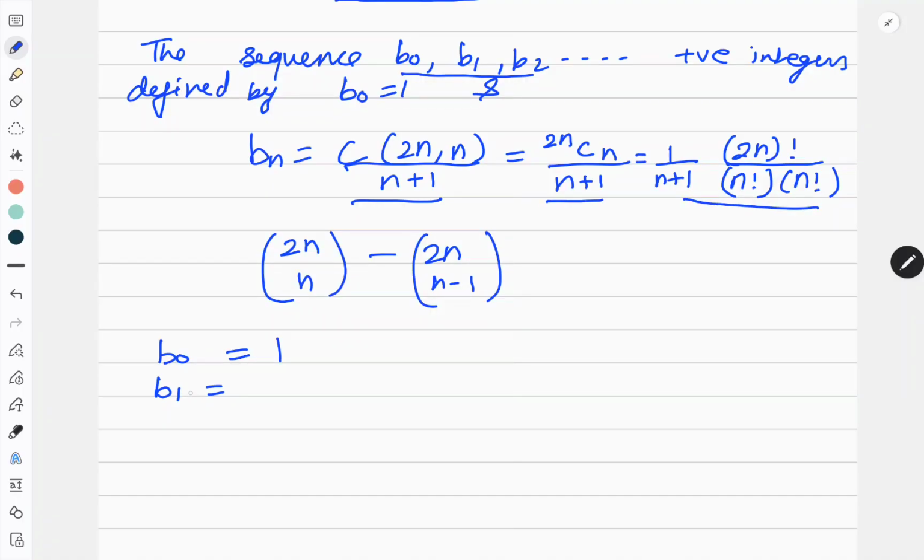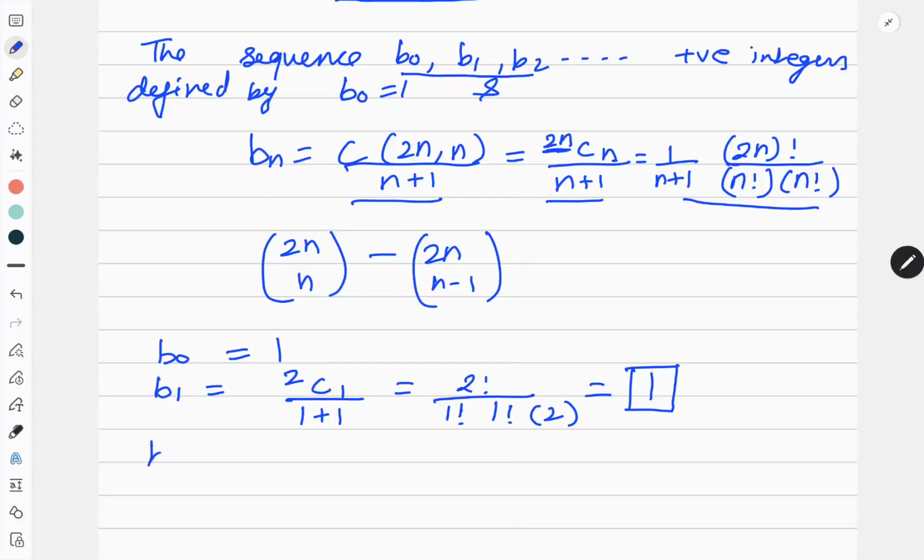Putting n equal to 1, B1 is equal to 2C1 upon 1 plus 1, so 2 factorial upon 1 factorial into 1 factorial into 2. So this is 1. So the B1 value is also 1.